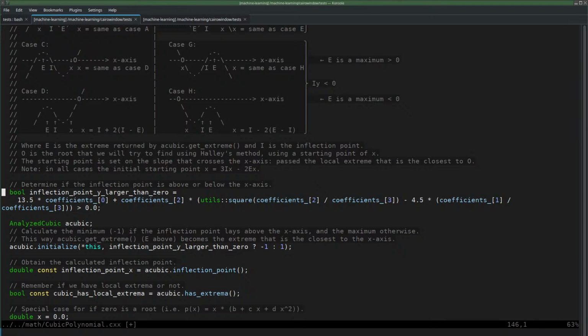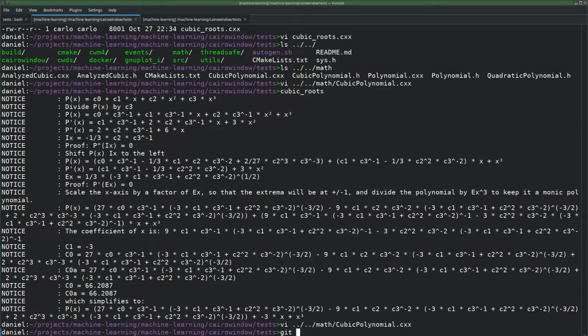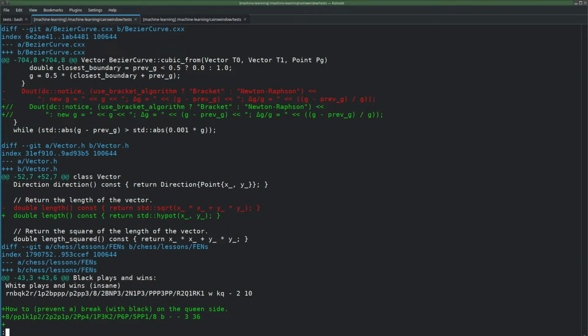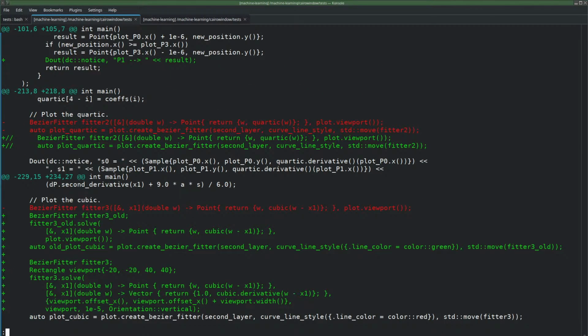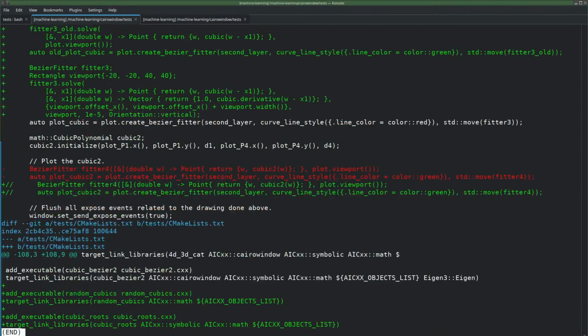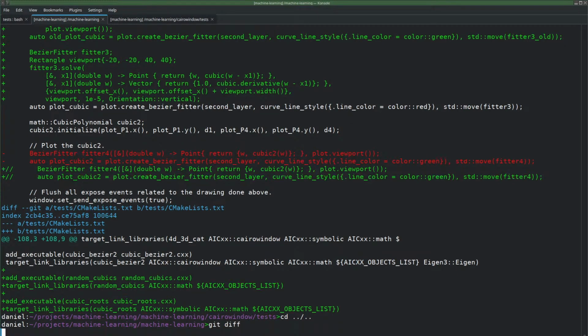Okay, I really need to know if I committed this already. Otherwise, I'm gonna rewrite the whole thing. So, git diff. It's not going to work because I have to diff math. Git diff.